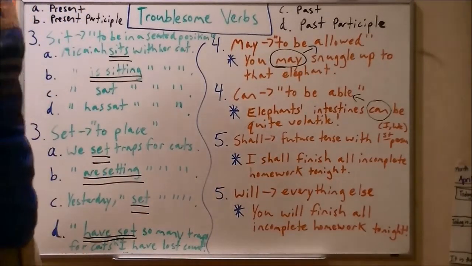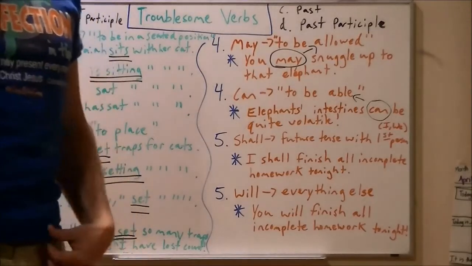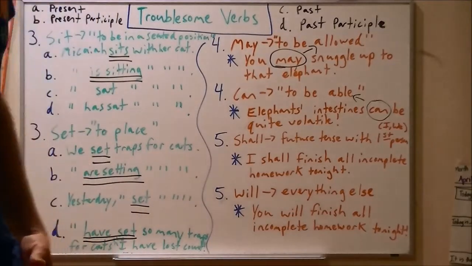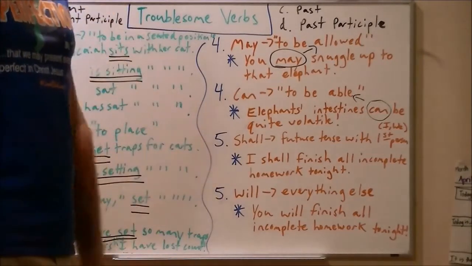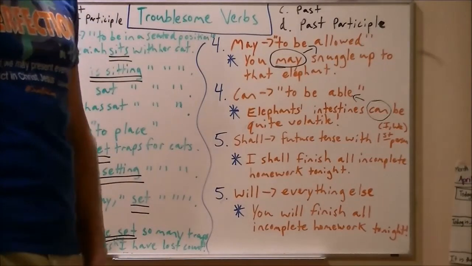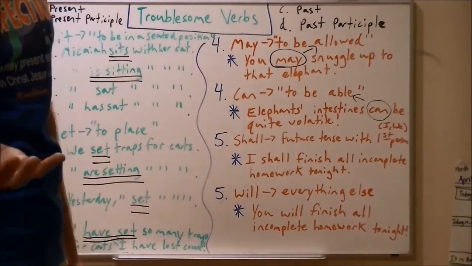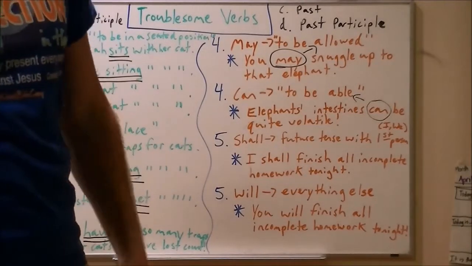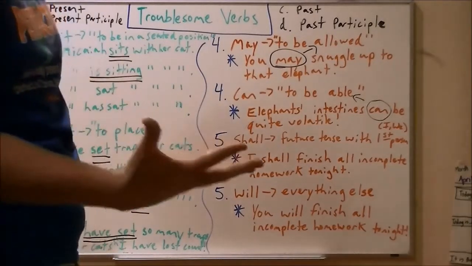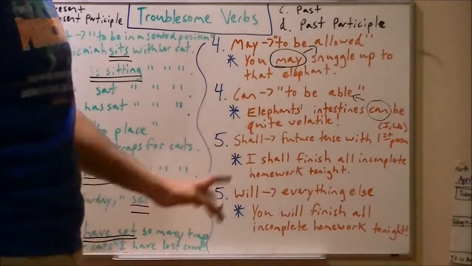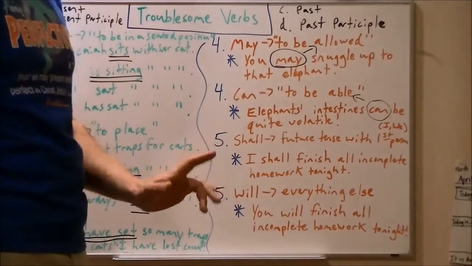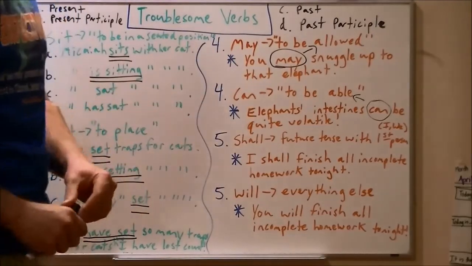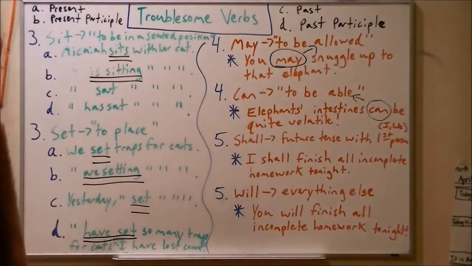However, if you like technicalities and you want to talk about the original meaning of these two terms, there really was a difference between them. And technically, maybe you could still argue there is, though it doesn't really come across in modern English, okay? But technically, and especially a few years back, there is a difference between the two. Shall is intended to be used in the future tense with first person.